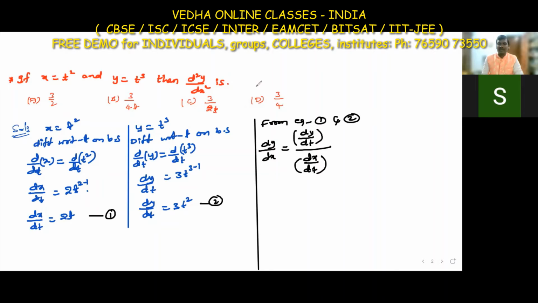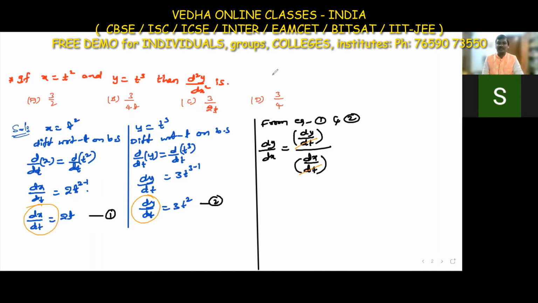After finding this, we'll find the d square y by dx square, which is the second derivative. If we cancel dt and dt, we get dy by dx only. So we have the dy by dt value and the dx by dt value.